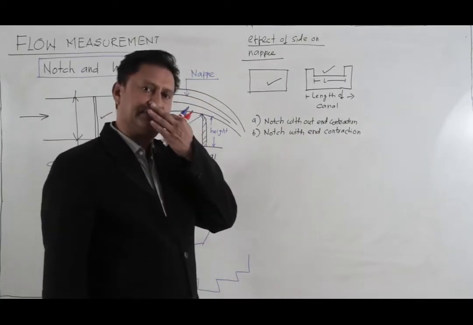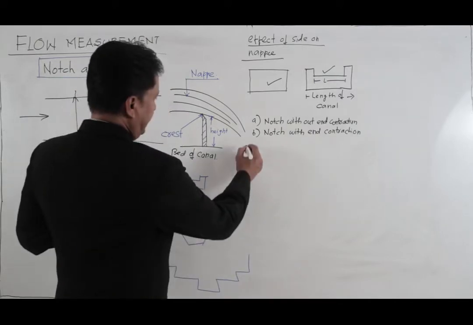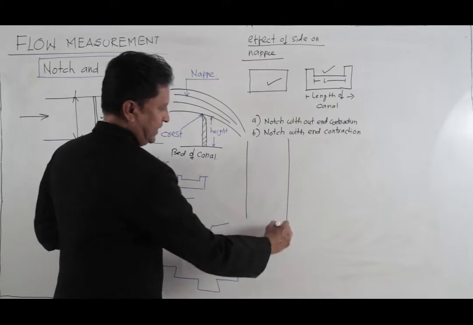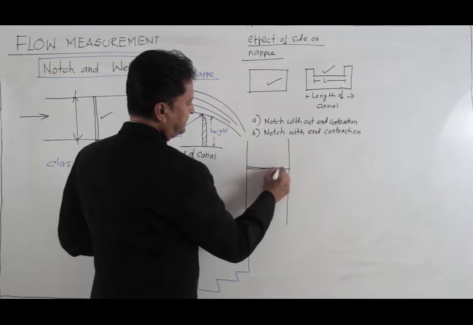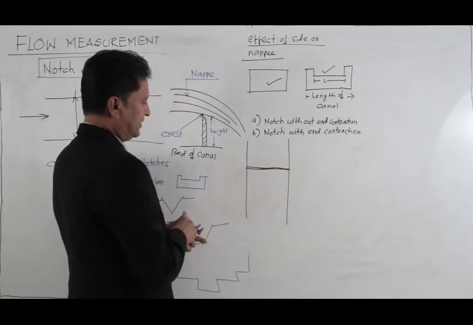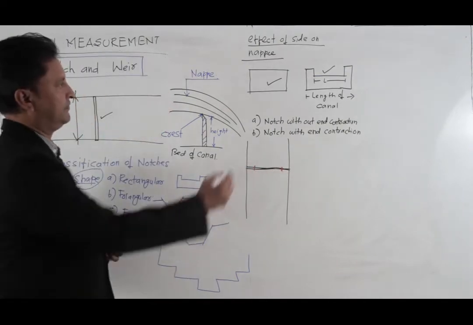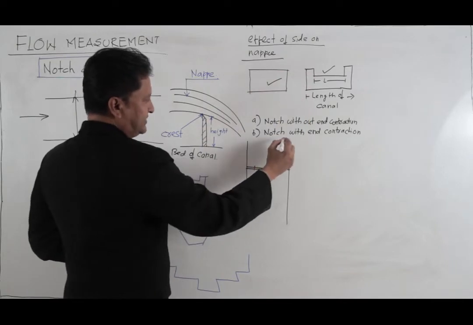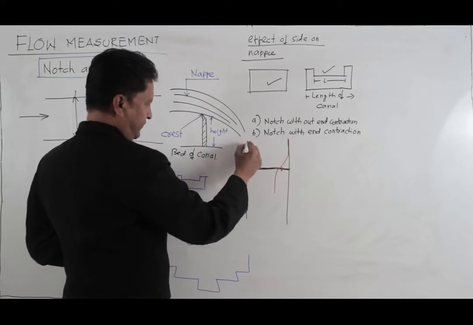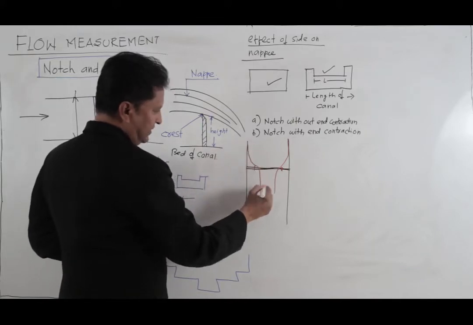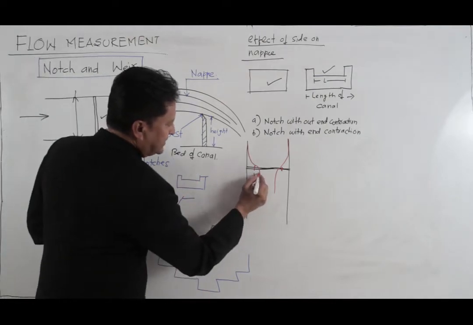Now we'll see what happens in the case of a notch in which the end contraction is considered. For example, this was our rectangular canal, and now in this case the notch is fixed, but the effective width of the notch was like this. If you take a section of this, so what happens when the water flows, you are looking from the top view, so water enters like this, and then this flowing water is contracted, so you get this as the reduced width.